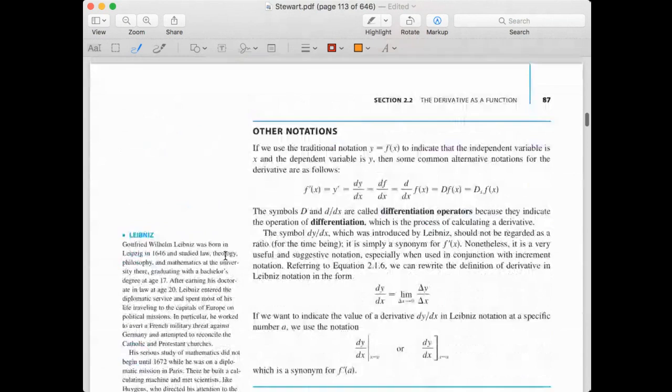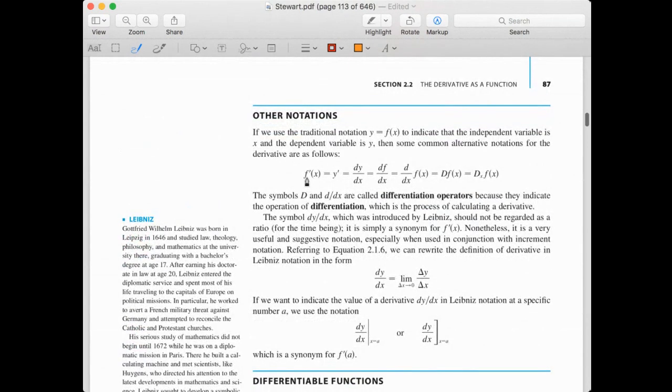Okay, so this is going back to notations. F prime of x, y prime, dy dx, df dx, or sometimes we write it d dx of f of x. Or later on, in vector calculus class, where the derivative is a matrix, we use a big letter D. But for this book, we treat all those signs as equal. They all mean the same thing.